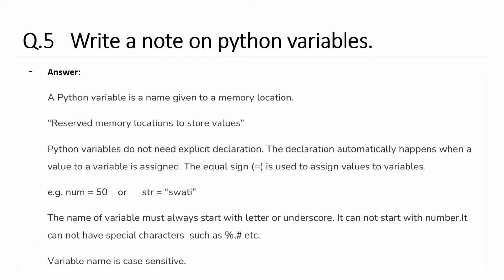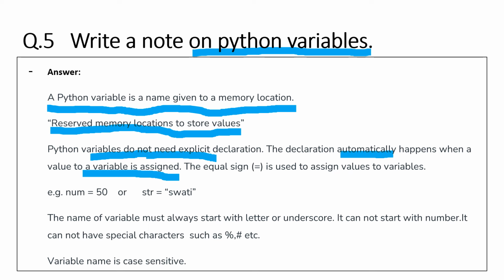The declaration automatically happens when a value is assigned to a variable. So there is no need to declare the variable. The equal sign is used to assign values to variables. For example, num is equal to 50 and str string is Swati.